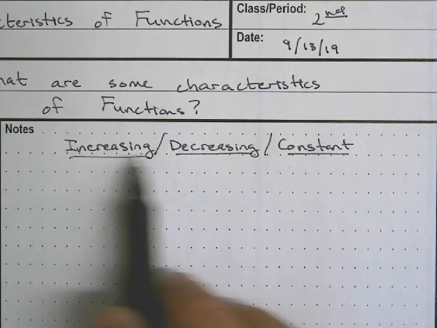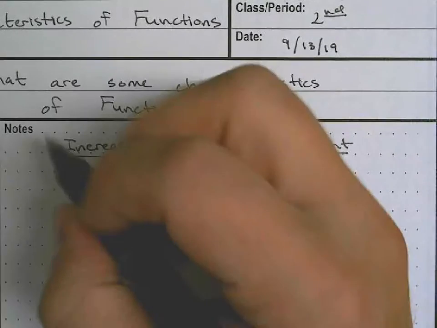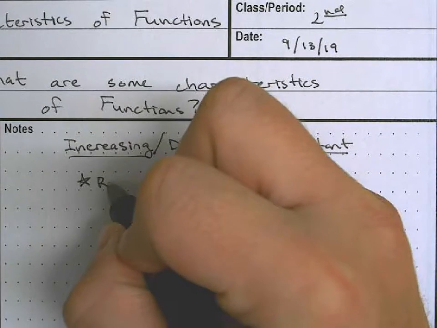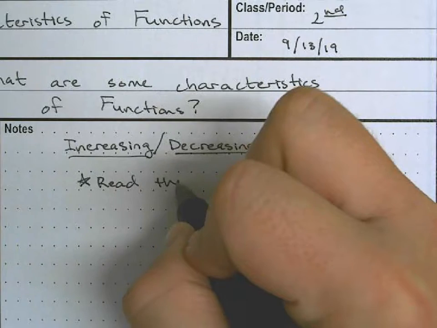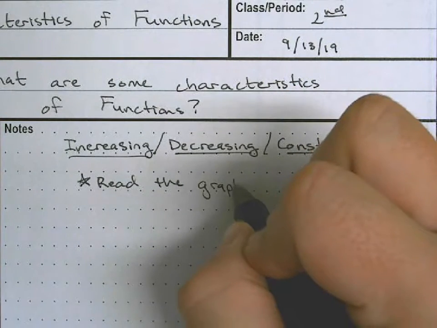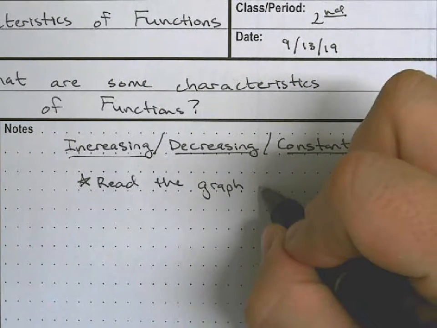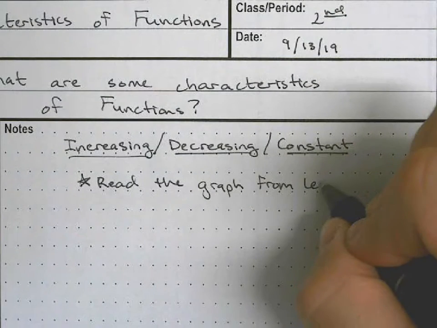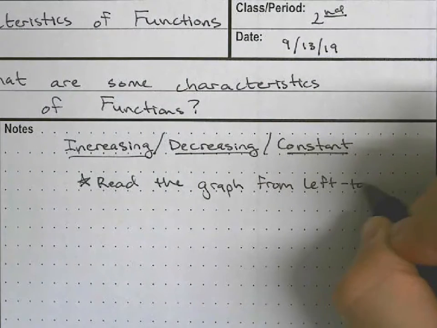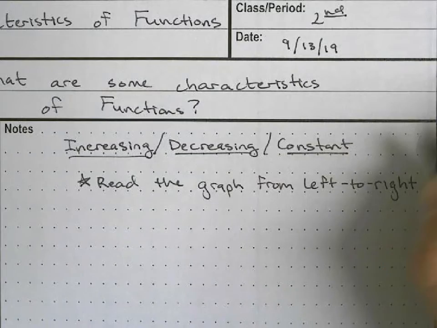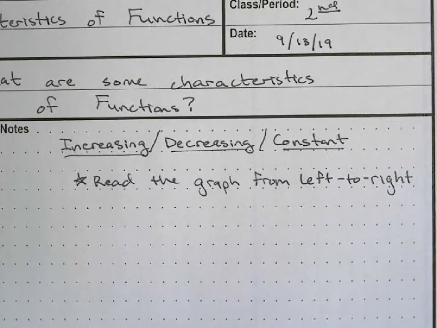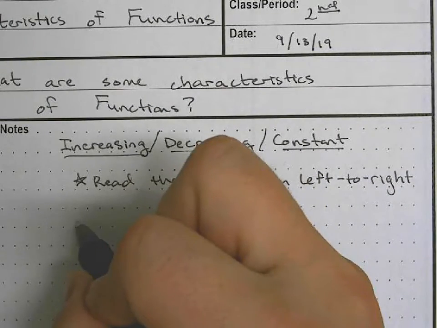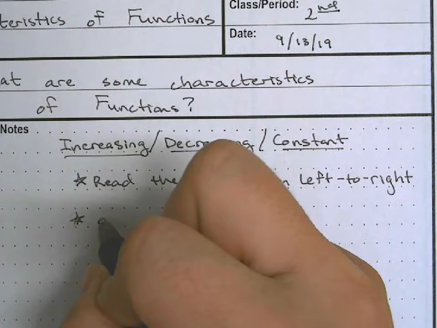So the main thing when we're talking about these three things is we want to read the graph from left to right, and we're only going to use x values.